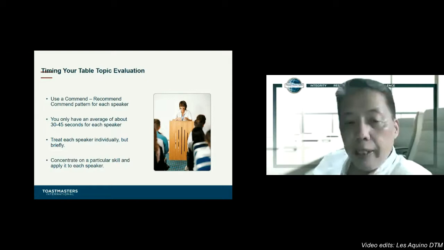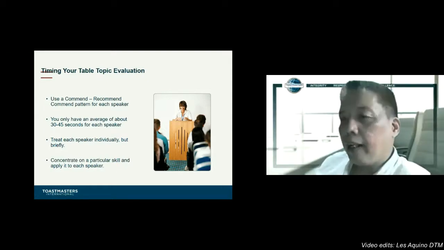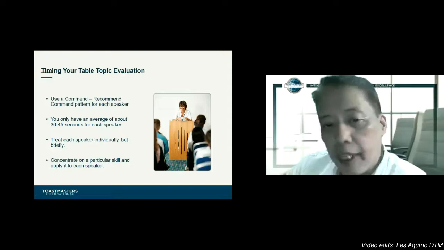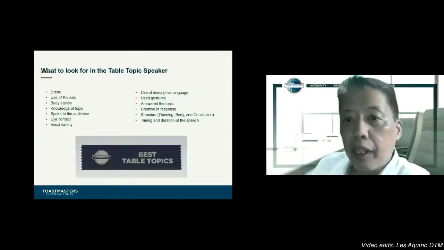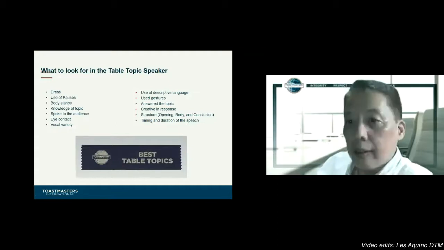Something that would be helpful would be to concentrate on a particular skill and apply it to each speaker. So you could look at some of these things. Did the person use gestures? Did he answer the topic? Was he able to demonstrate knowledge of the topic? He seemed to be very familiar.